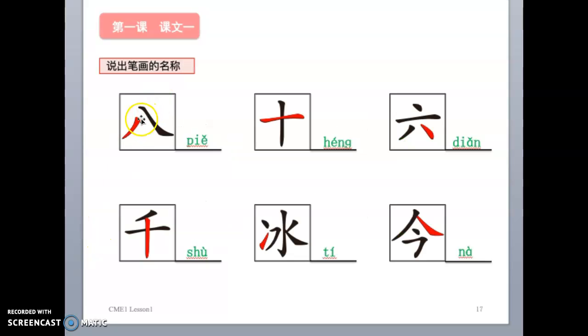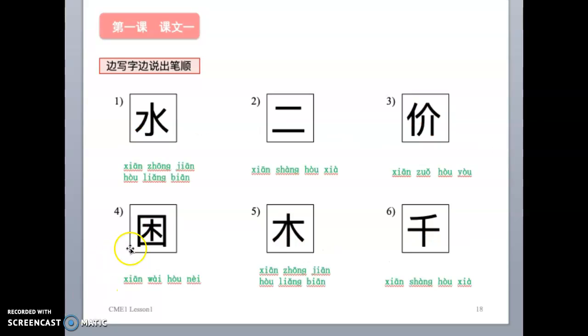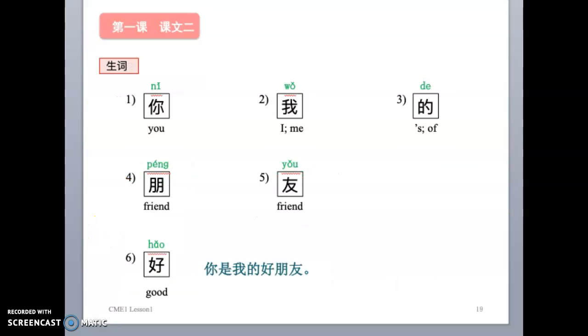And here they're showing you each stroke has a particular name in Chinese. We don't emphasize memorizing those names, but you can learn those if you would like. And then again, they're asking you to name the strokes and how you put these characters together. Again, we don't emphasize that you actually need to know how to say that in Chinese.